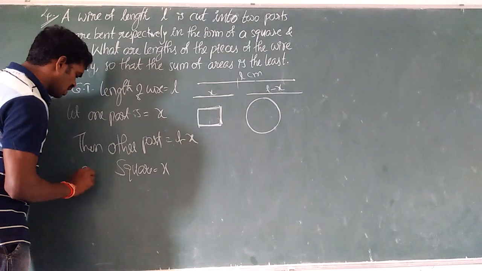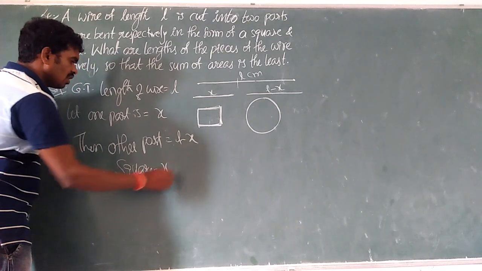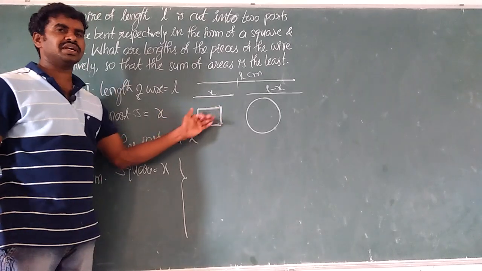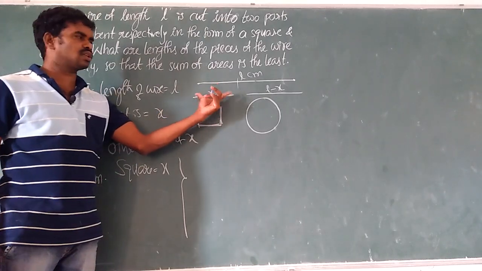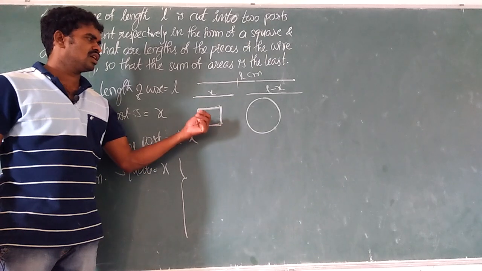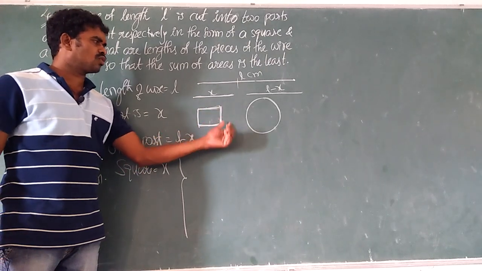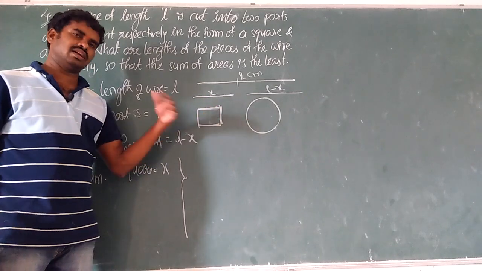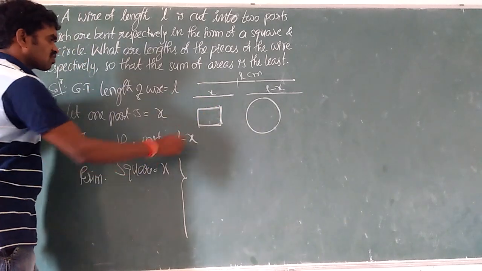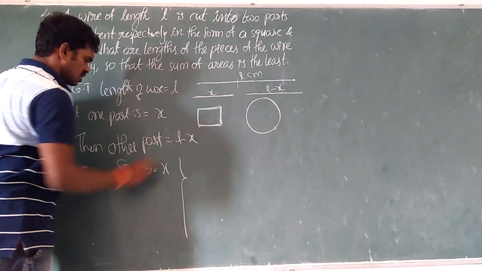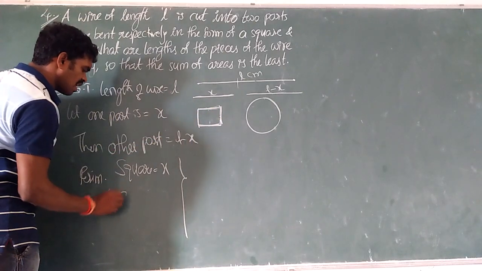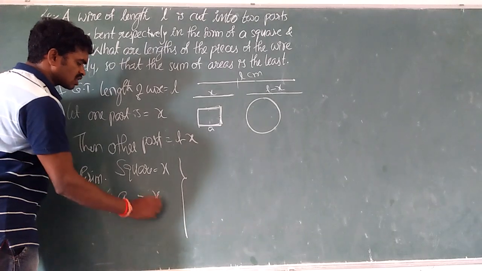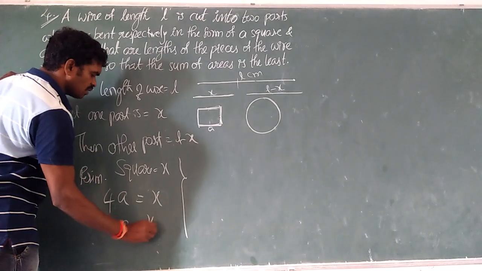The total length x is the perimeter of the square, because the total length converted into a square is called the perimeter. The square has four sides; taking side as a, the perimeter is x, so side a equals x by 4.